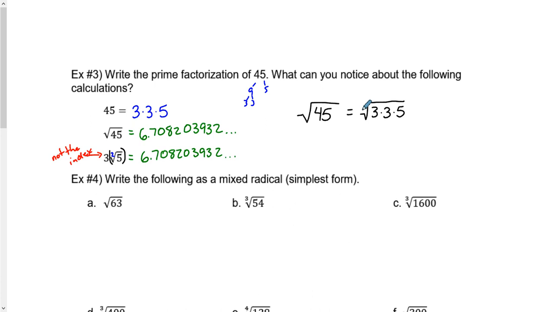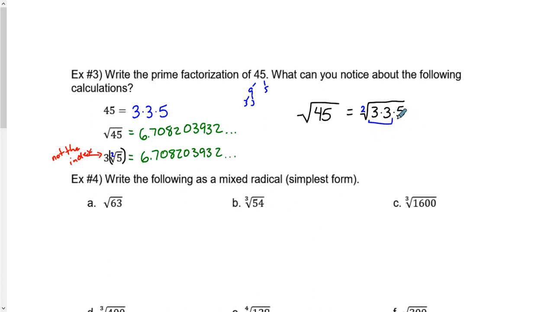But if I know that my index is 2, how does that lead us to say that it's the exact same thing as 3 times the square root of 5?